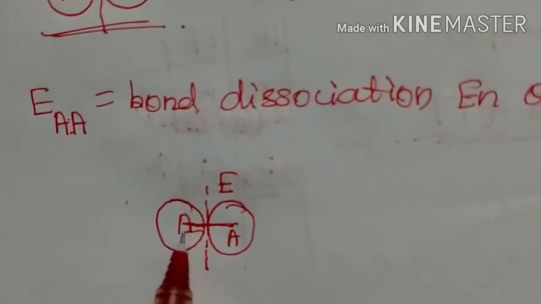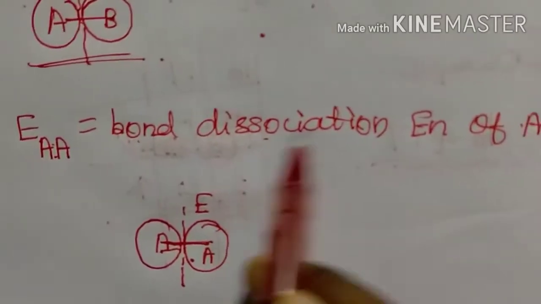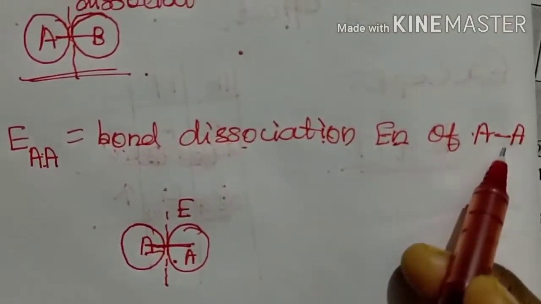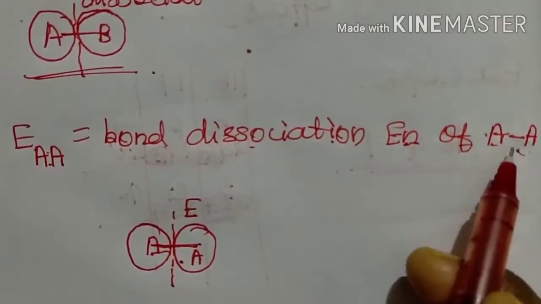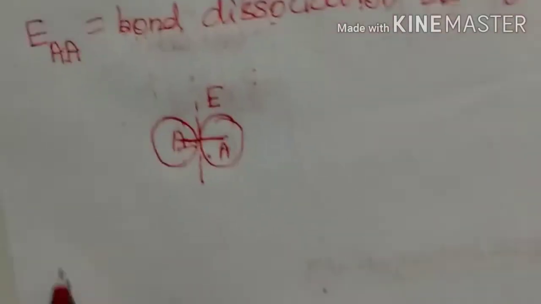This is EAA. So this is the bond dissociation energy of A covalent bond A, or A single bond A.